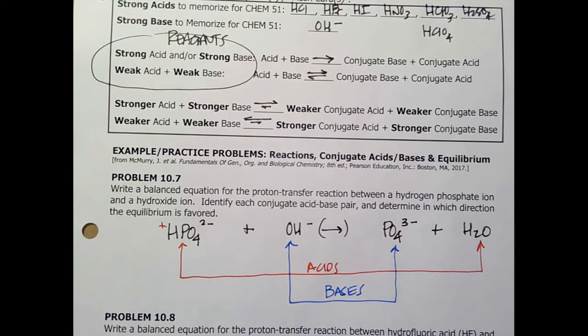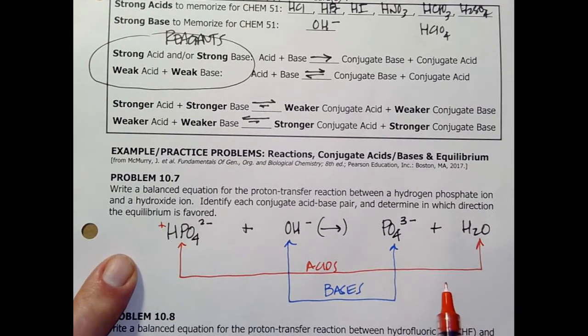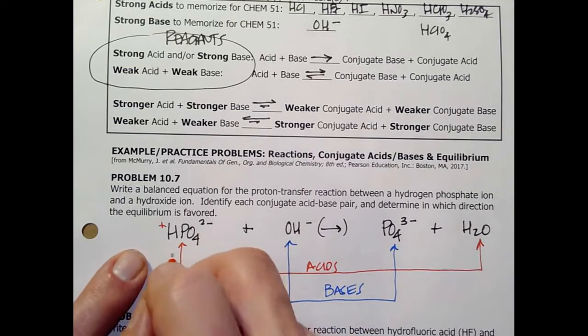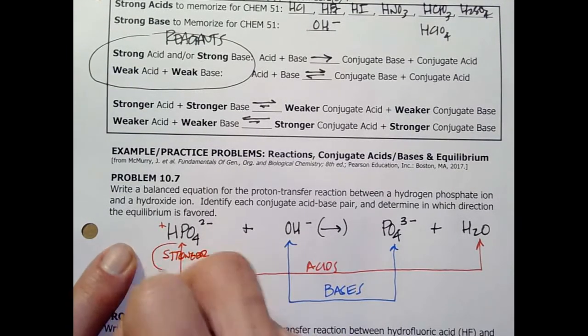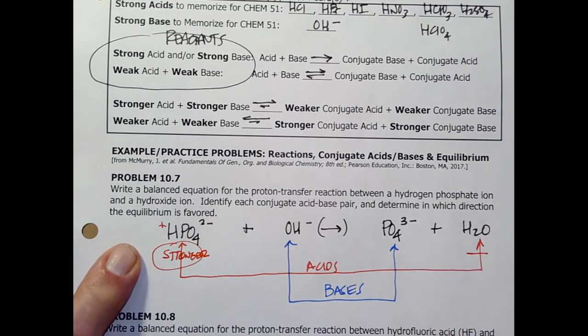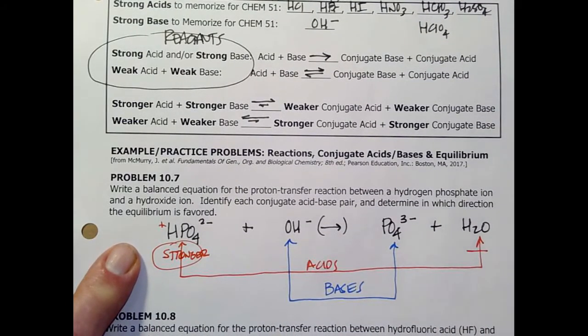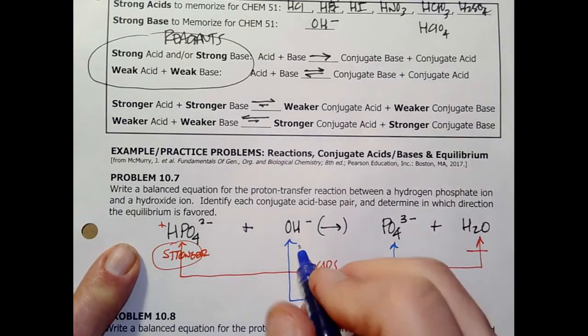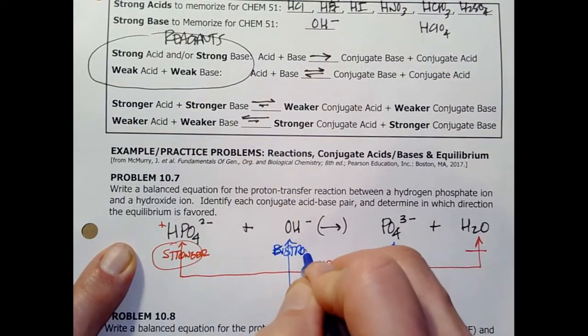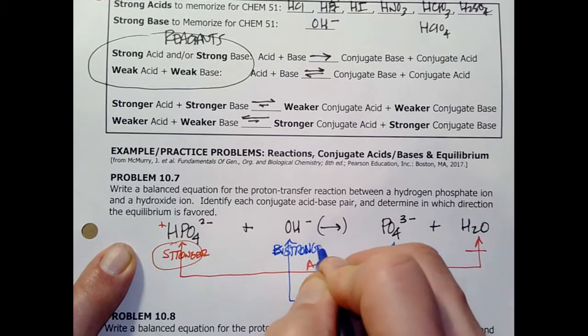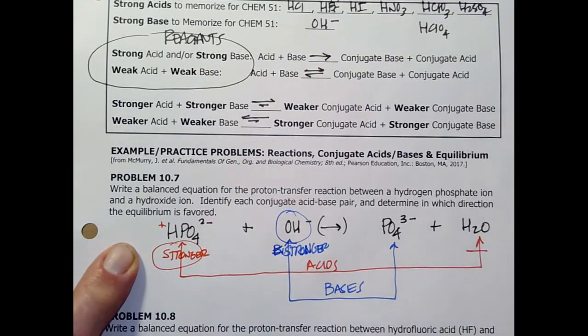And I can compare acids or bases, and either way, the stronger one is going to drive the reaction. Well, I go to my table and I find out that this is a stronger acid compared to water, which is the weakest acid we can have in water. I also know that hydroxide is the stronger base.